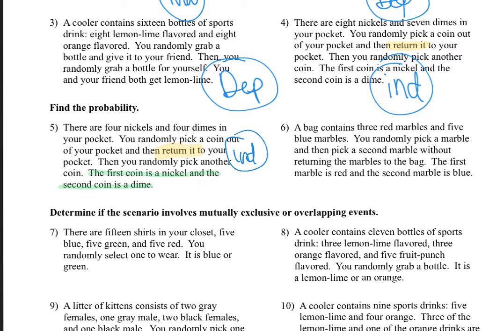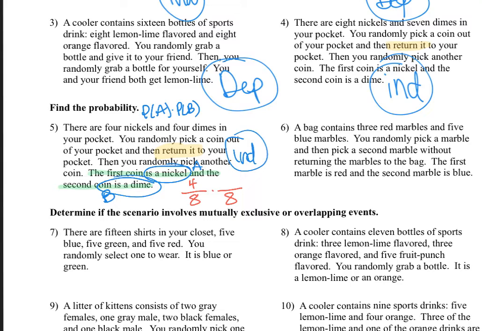Your formula for independent is probability A times probability of B. Okay? You have to go back and you have to remember all the formulas, okay? So independent and dependent is multiplying. So probability of A is that I get a nickel. Probability B is that I get a dime, okay? So the probability that I get a nickel is A, B is a dime. So I'm going to say there are 4 nickels out of 8 total coins times, since I returned it, I still have 8 coins in my pocket.